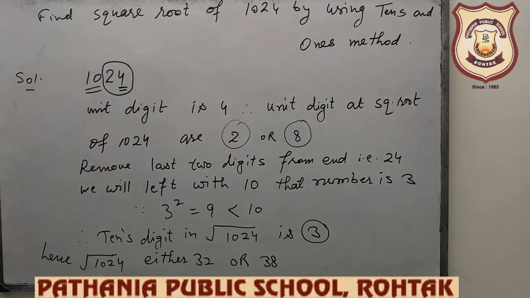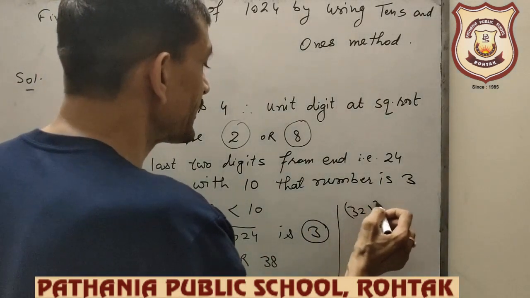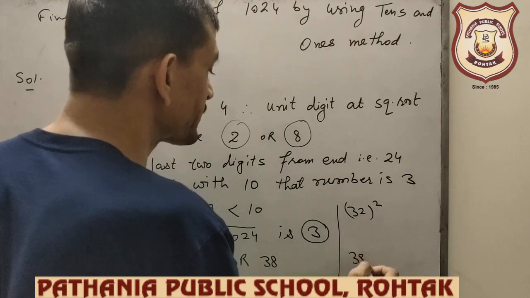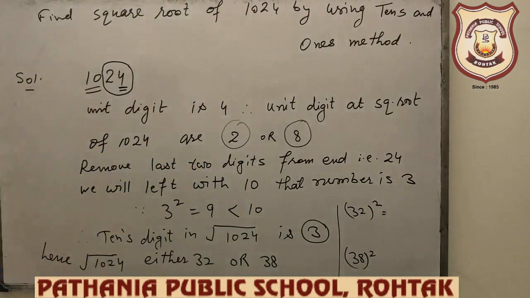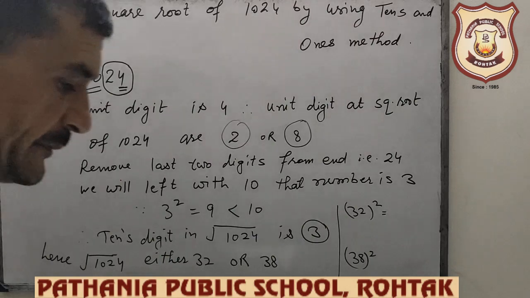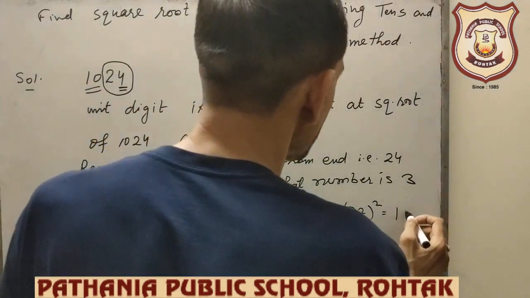Now we should check what is 32 square or what is 38 square. Beta, 32 square is 1024.